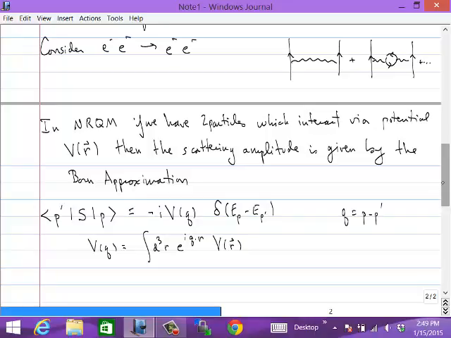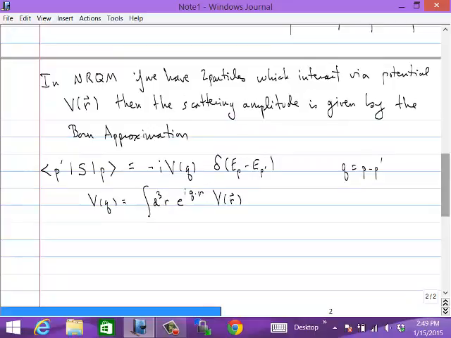Okay. So what does this mean? We can now compare our expectation from non-relativistic quantum mechanics to the actual result that we get in quantum field theory.